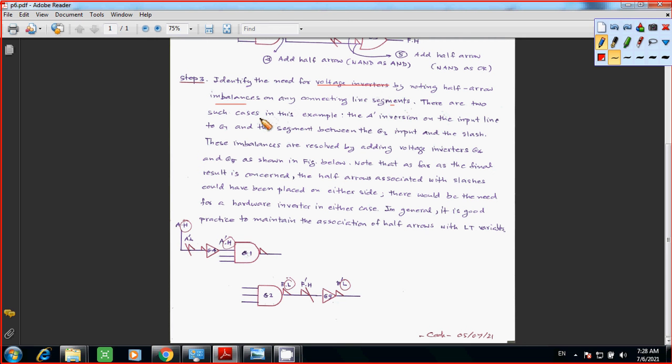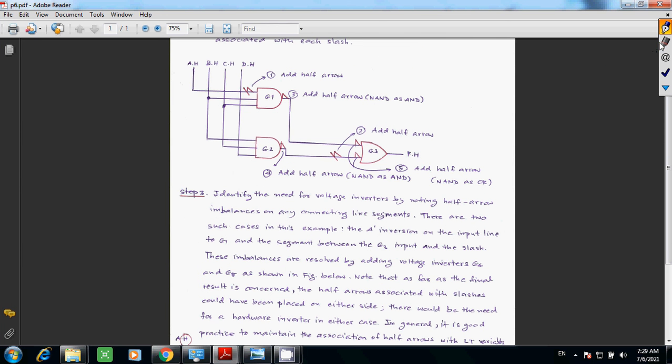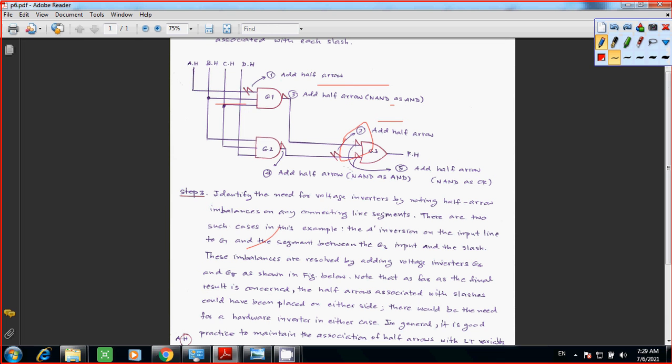There are two such cases in this example. The first one is that the A prime inversion on the input line to G1, this is your G1, and the segment between the G3 input. Okay, this is your G3 input, and this is your G1.